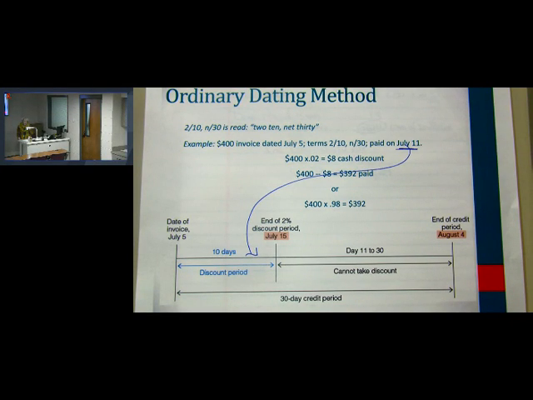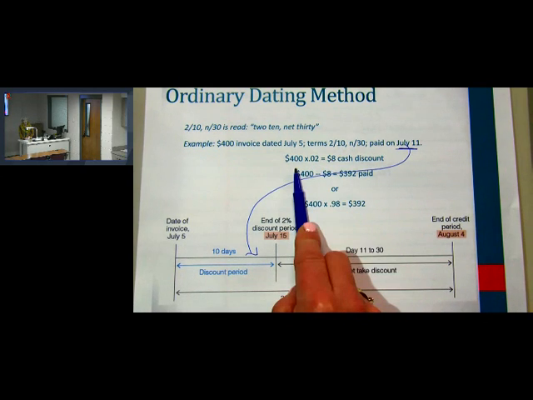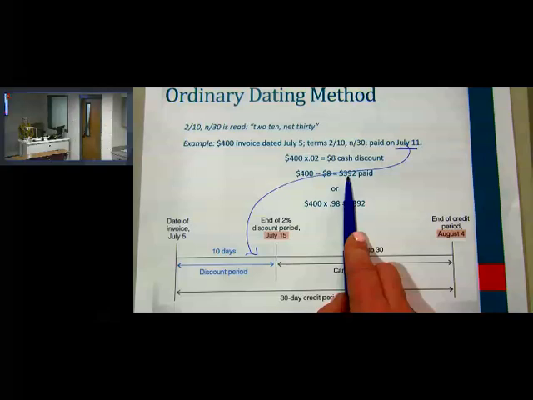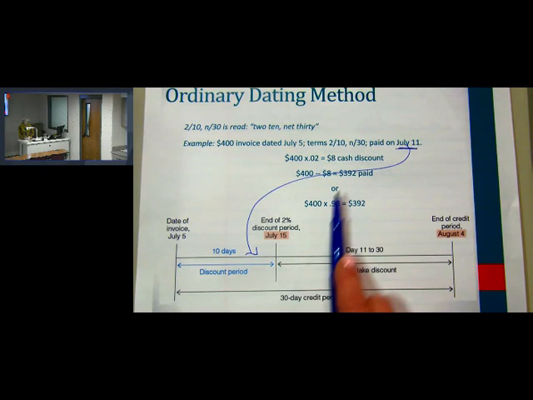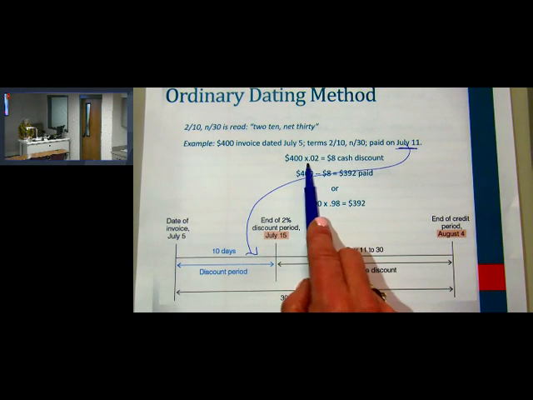Now, if you watch the first video, you know that you don't have to do a lot of subtraction steps. You can use complements. So a 2% discount is the same as paying 98% of your bill. So instead of taking 400 times 2% to get 8 and doing a subtraction step, which you could do, by the way, and know your bill is going to be $392, the quickest way is knowing that they get a 2% discount, so just take 1 minus the 2%.